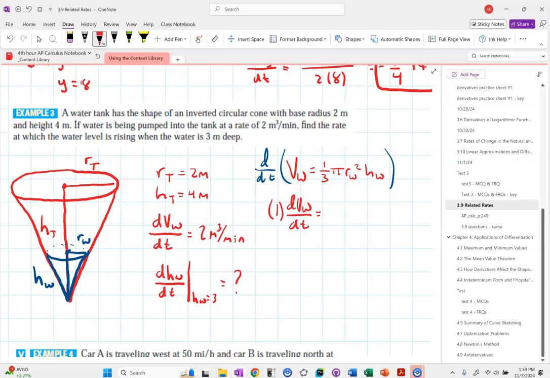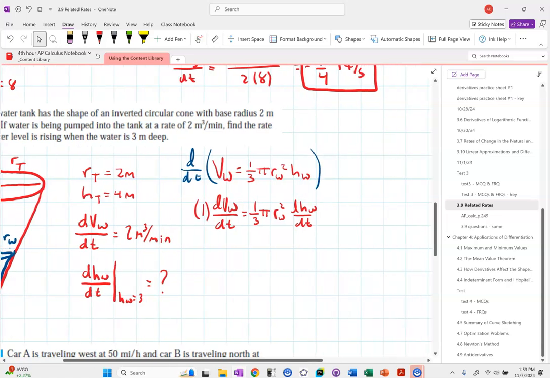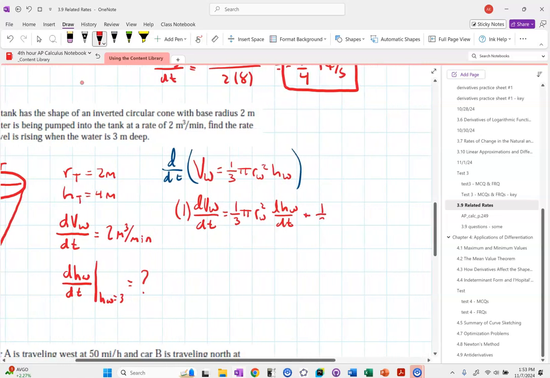You need a product rule, yes. RW and HW are both variables. So the derivative of HW is just dHW/dt. And the derivative of RW squared is 2RW drW/dt times HW.